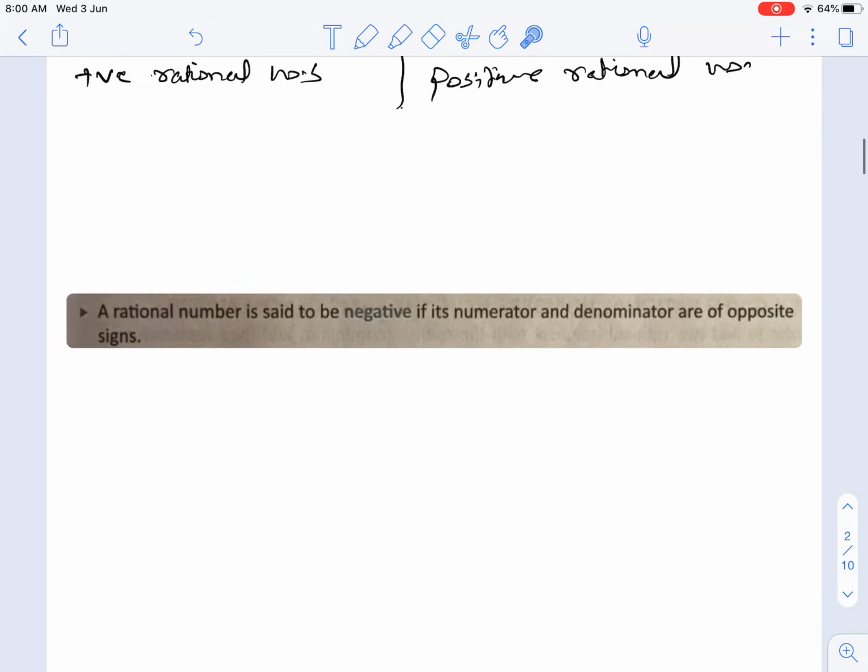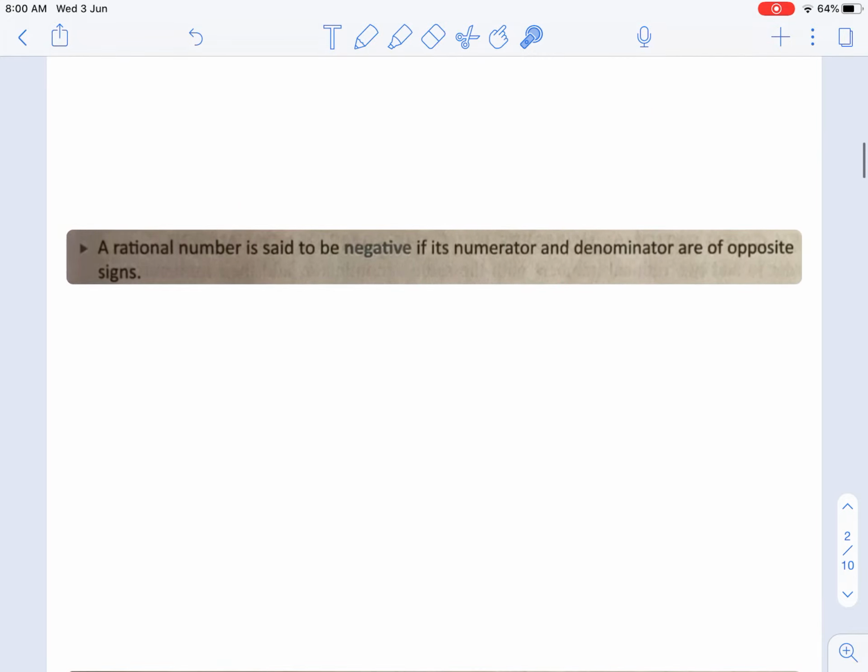Okay, now next one: when will a number be a negative rational number? A rational number is said to be negative if its numerator and denominator have opposite signs. For example, 3 upon minus 7.